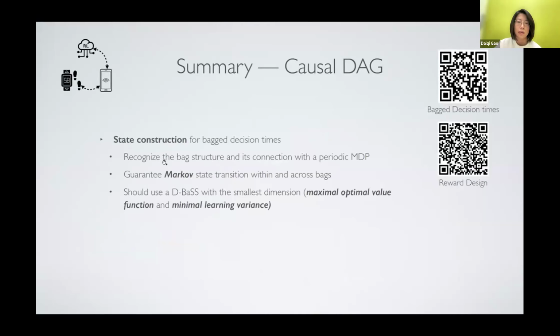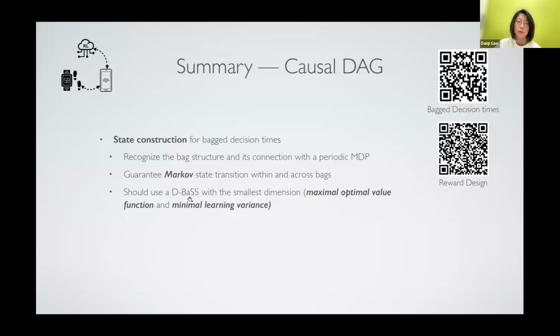Okay, I will skip the simulation results due to time limit, so let's provide a summary. We use the causal DAG for state construction in problems with batched decision times. The causal DAG helps us recognize the batch structure and its connection with a periodic MDP. Based on the causal DAG, we construct the state that has Markov state transitions within and across batches.